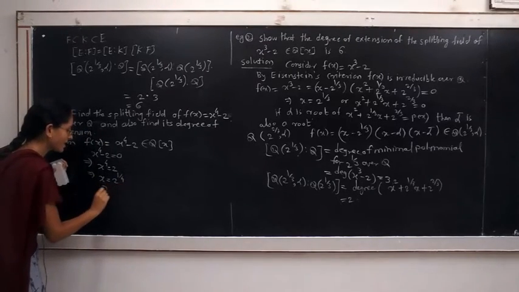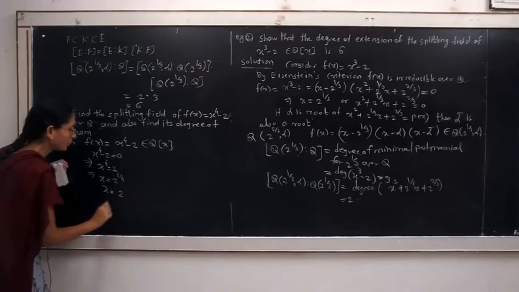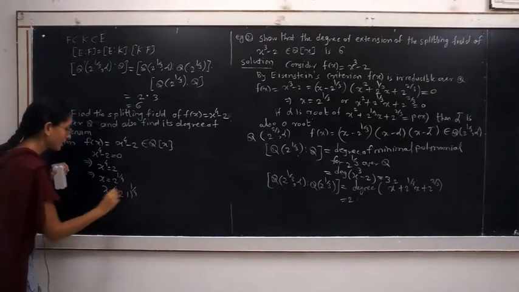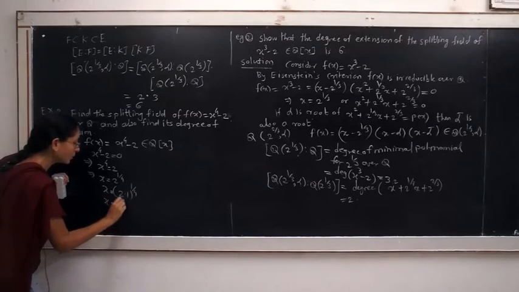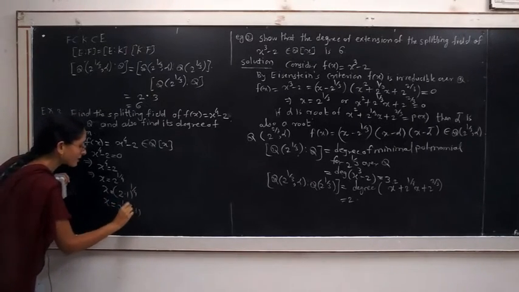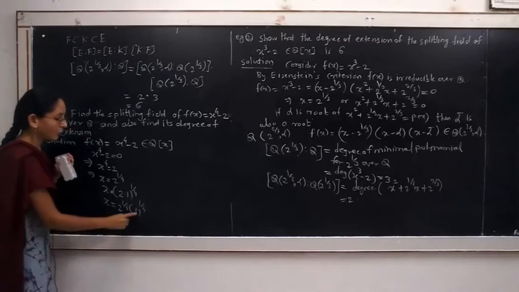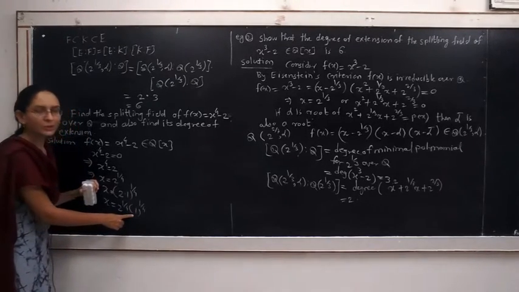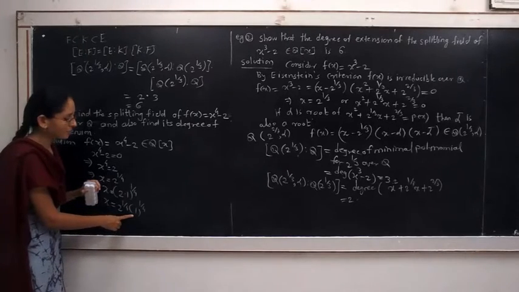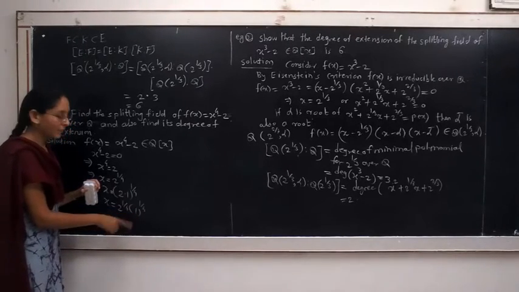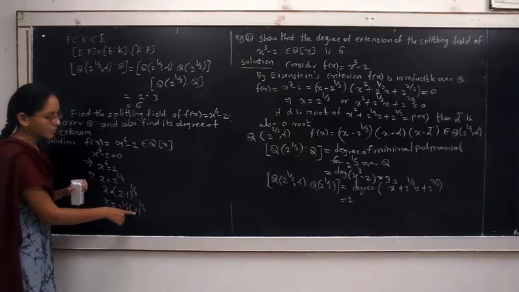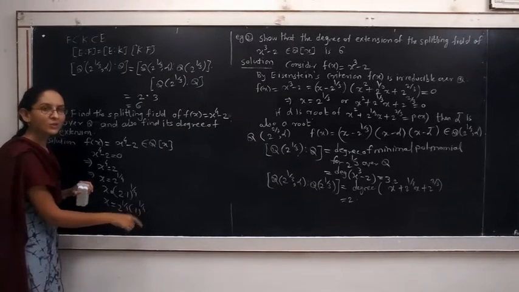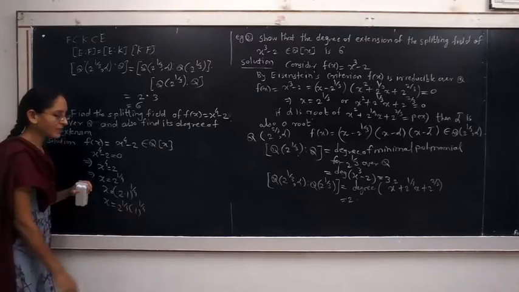We can consider this as x = 2·1^(1/4), so x = 2^(1/4)·1^(1/4). 1^(1/4) is the 4th root of unity, and we know the 4th root of unity is i, the complex number i, because i is i, i^2 is -1, i^3 is -i, and i^4 is 1, hence the 4th root of unity is i.